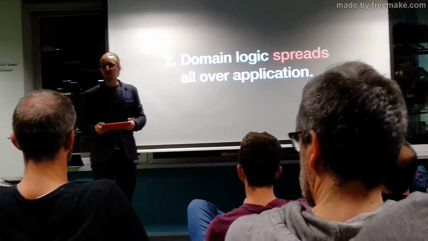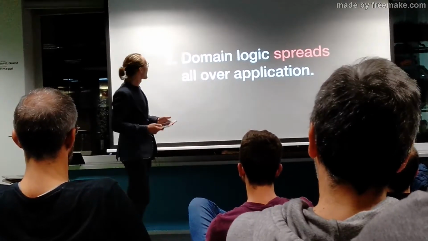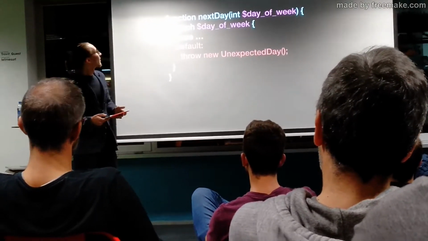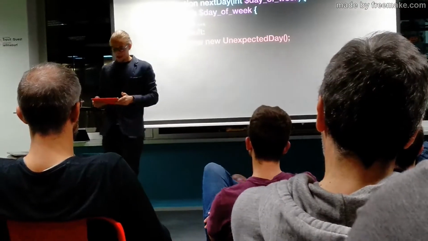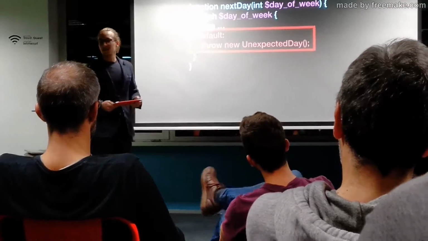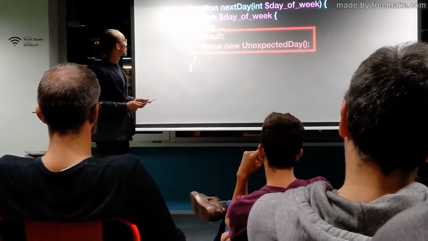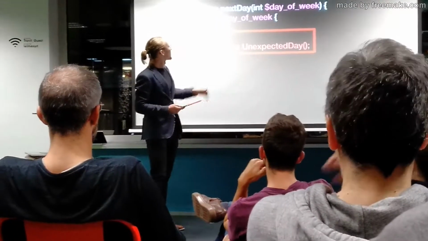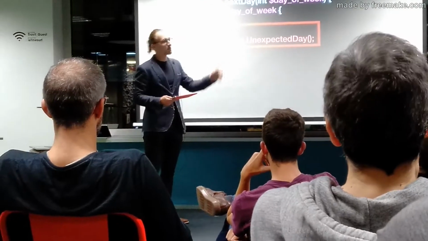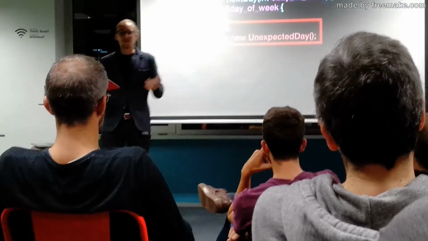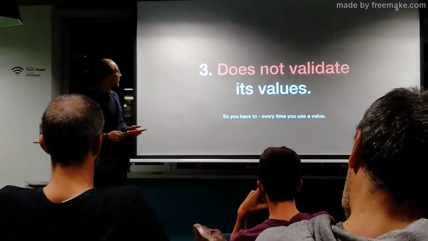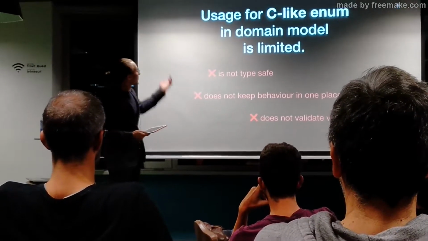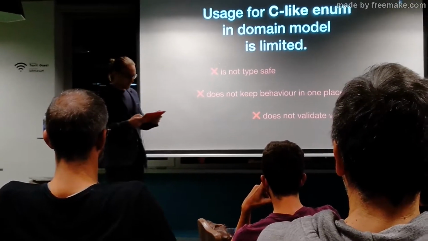It's not in one place, and that's a big problem. Another thing, every time you use a value of that enum, you have to validate that there is no nonsense inside of it. So we have to have a default for an unexpected day, which is nonsense again. And we can eliminate that. So this is not good, right?